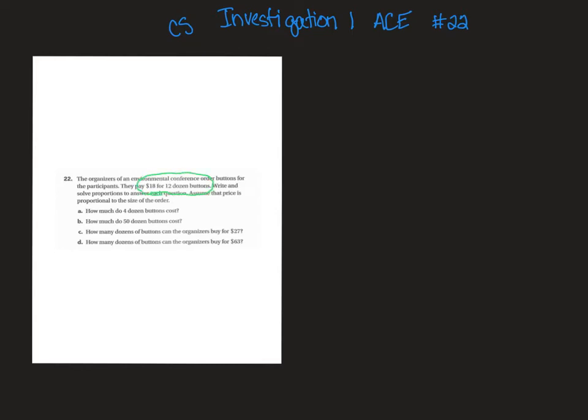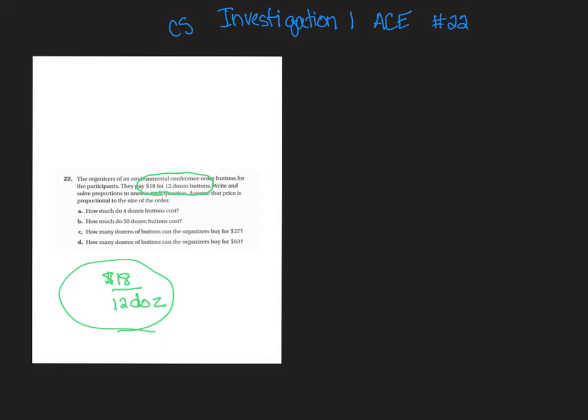Okay, so I know that my proportion in every single one of these is going to be somehow connected to $18 for 12 dozen buttons. Okay, and so I know everything. This is it. I'm taking this ratio out of the problem, and in each case, I'm going to use it to find out an unknown amount, either an amount of buttons or a price.